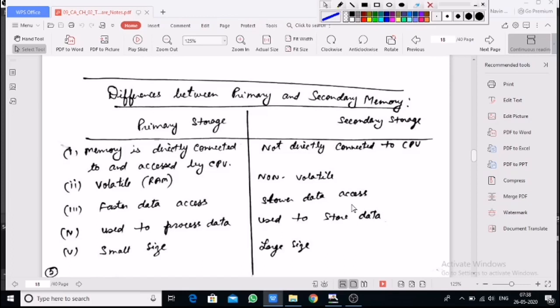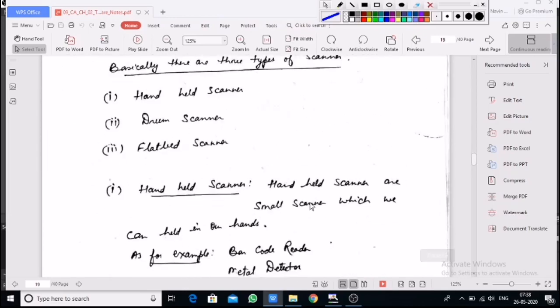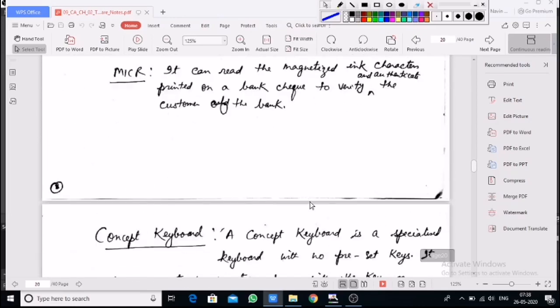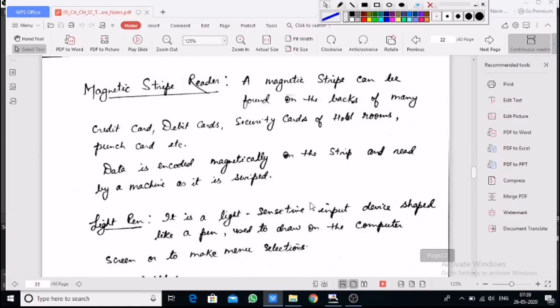Primary is used to process the data and secondary is used to store the data. Primary memory has small size, but secondary memory has large size. That is why we can store a large amount of data in secondary memory only, right? So here we have finished our primary memory and secondary memory devices.